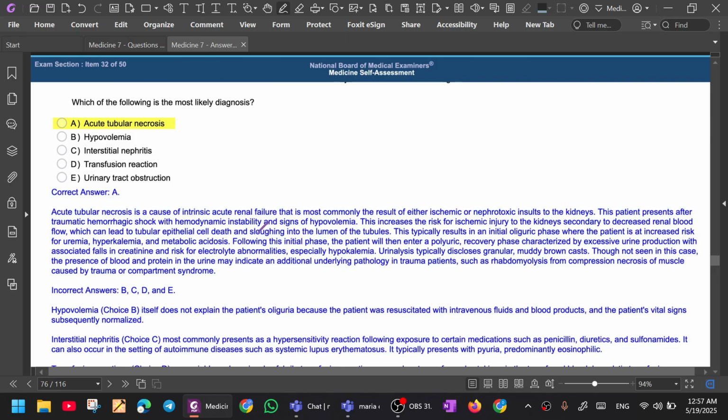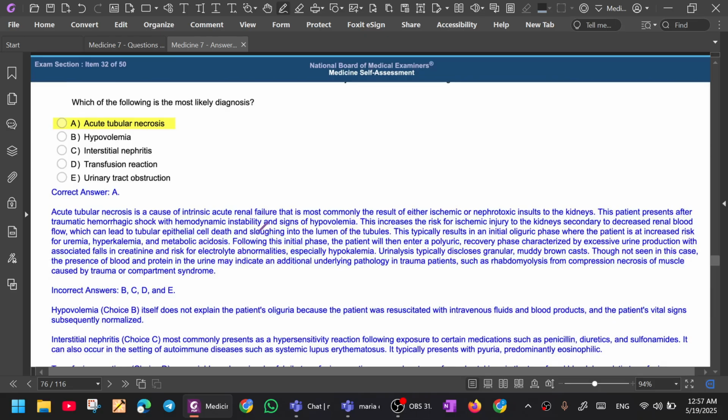Acute tubular necrosis is a cause of intrinsic renal failure that is most commonly the result of either ischemic or nephrotoxic insults to the kidney.